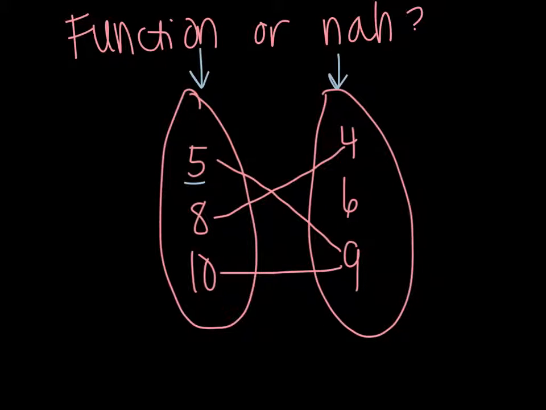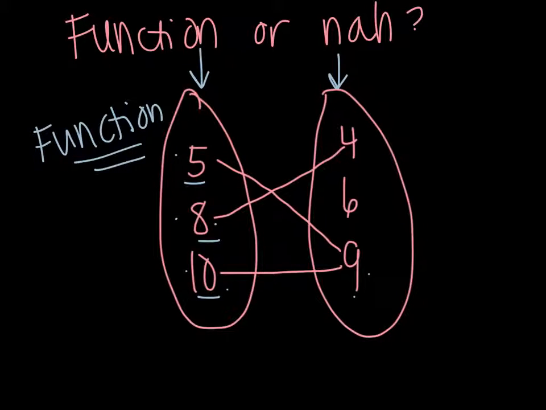I have an input of 5, an input of 8, an input of 10. 5 is dating 9. 8 is dating 4. And 10 is dating 9. None of these inputs is dating more than one output. So this relation is a function.